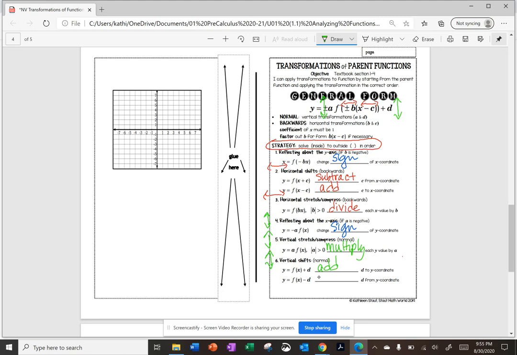And if I'm minus D, I'm going to subtract. So I think of the goalposts: the A and D transformations are normal, and B and C are backwards. And I'm solving from the inside to the outside.